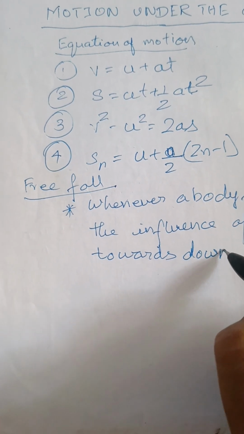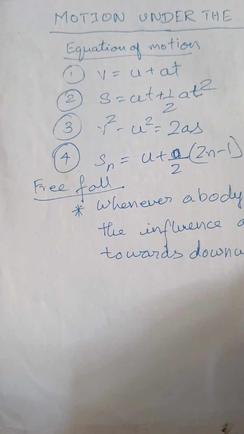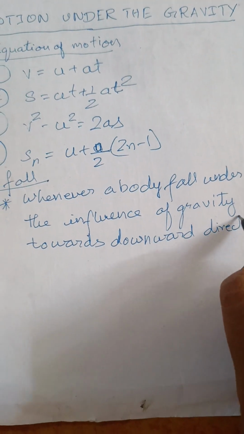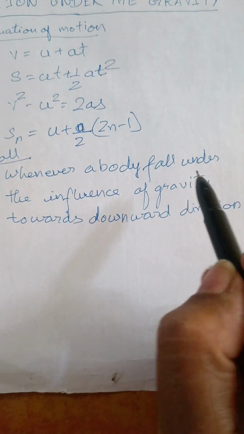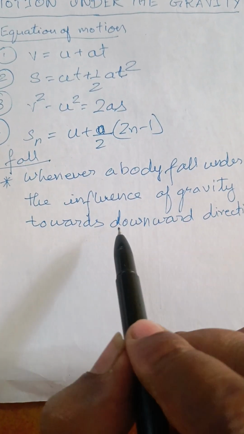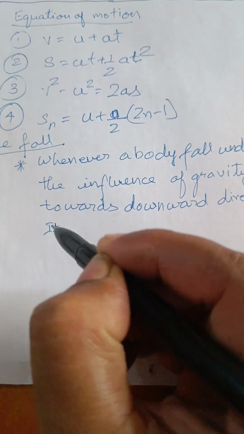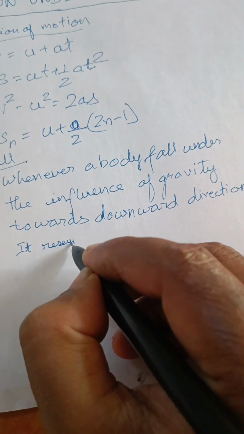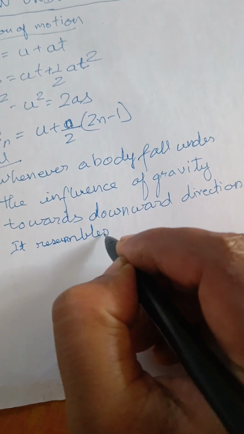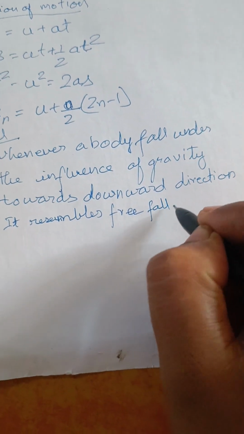What do you mean by downward direction? Towards the gravity, we can say downward direction. So whenever the body falls under the influence of gravity toward the downward direction, it resembles free fall.